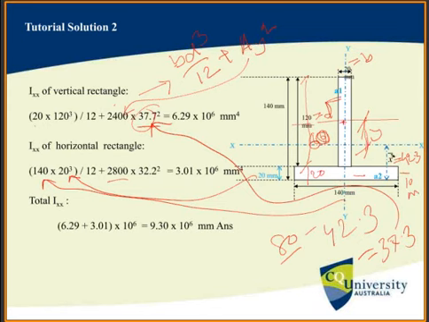And we know from the base x bar equals 42.3. So 42.3 minus 32.2. This will be 32.3.